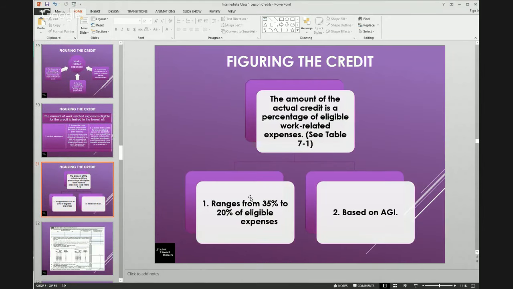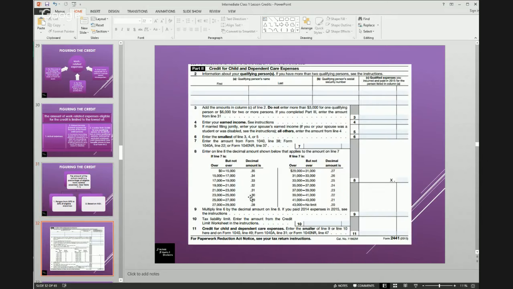The amount of the actual credit is a percentage of the eligible expenses. The percentage that you get to claim ranges between 35% and 20% of the eligible expenses. The percentage is allocated based on your AGI.